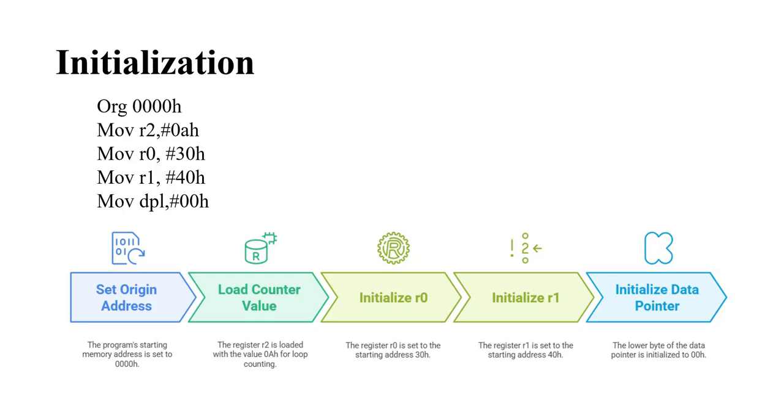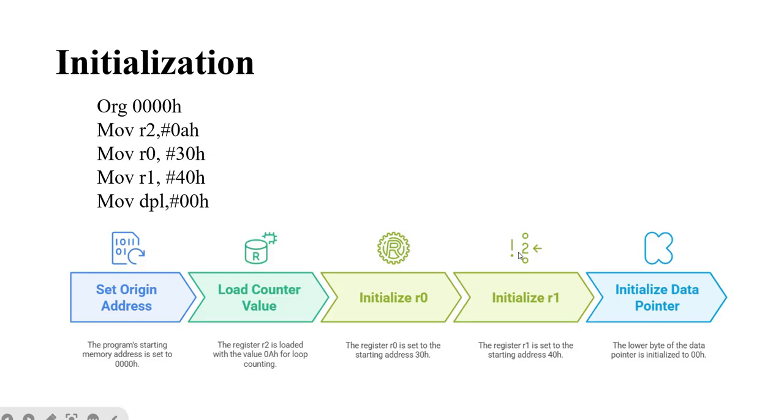After that, the next step is initializing register R0. Here the register R0 is set to the starting address 30H, which will be used as the higher byte of the source address 3000H. For that we are using the instruction MOV R0, #30H.